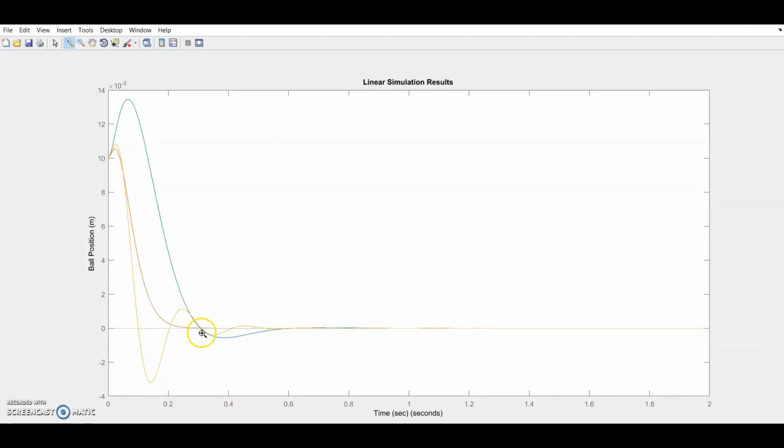So as you can see, this plot is coming. That means the frequency of the response has changed. So you can do this on your own and try to infer what is happening with these plots when different pole locations are chosen.